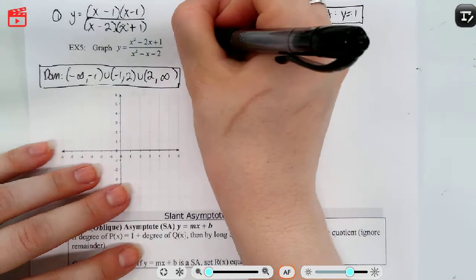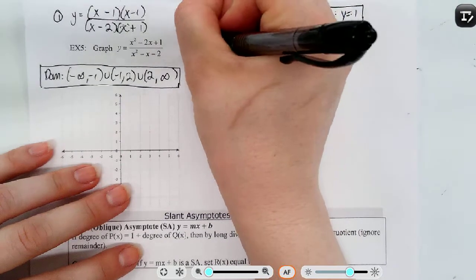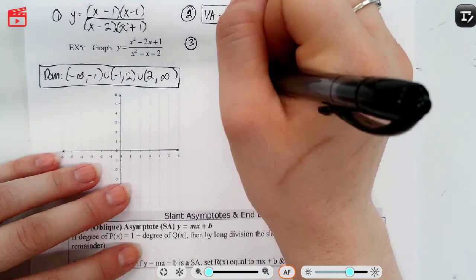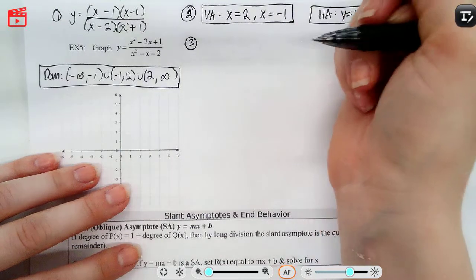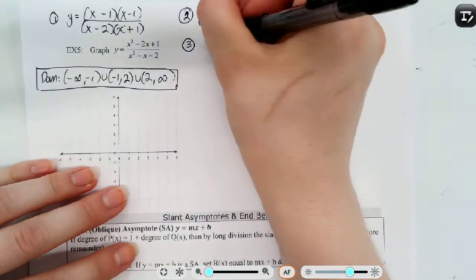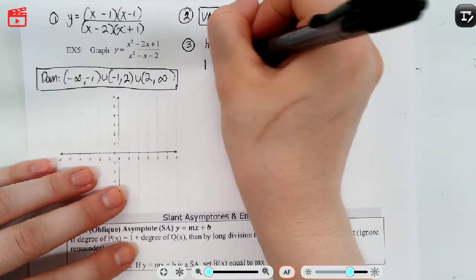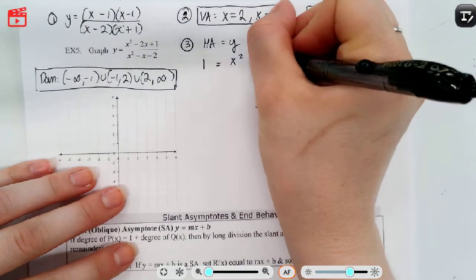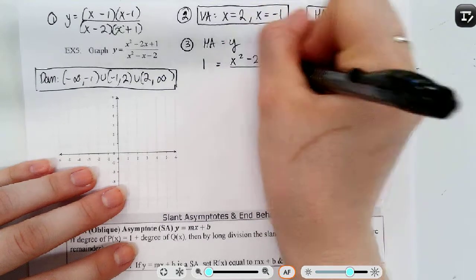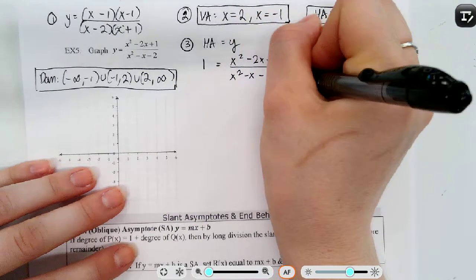All right, let's check to see if we have any cross touch points. Setting our horizontal asymptote equal to our function, we get 1 equals x squared minus 2x plus 1 over the denominator.